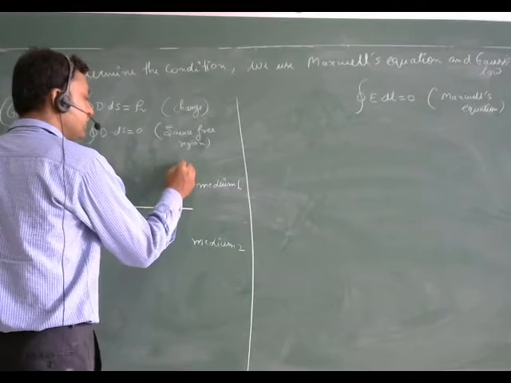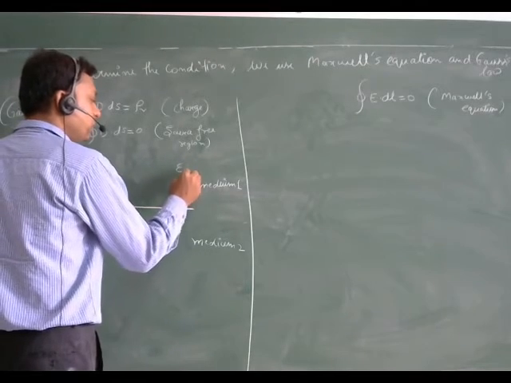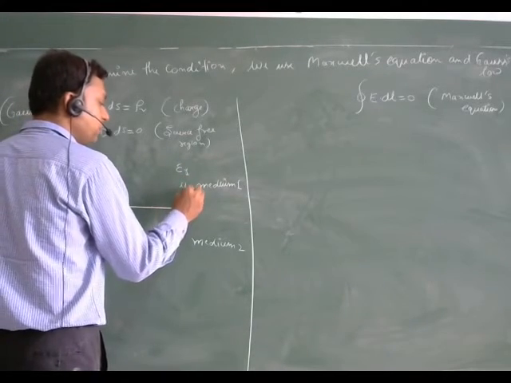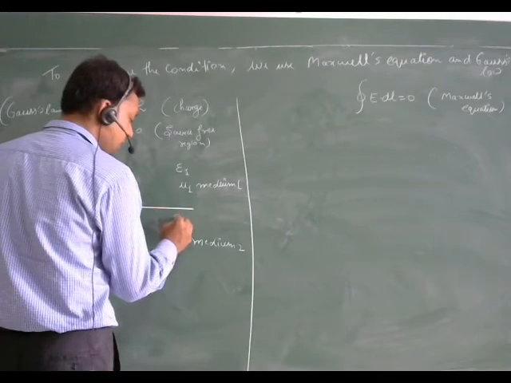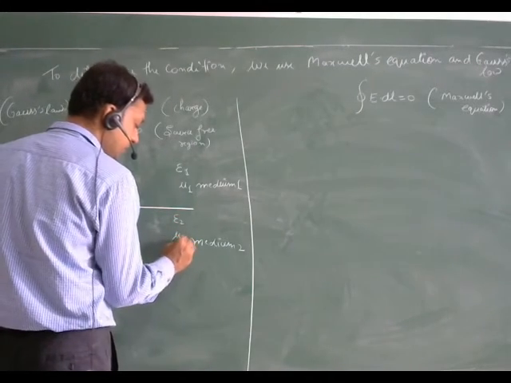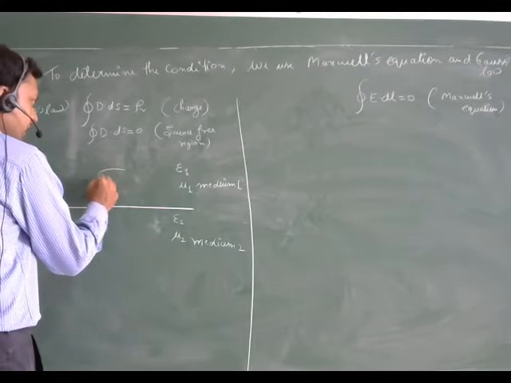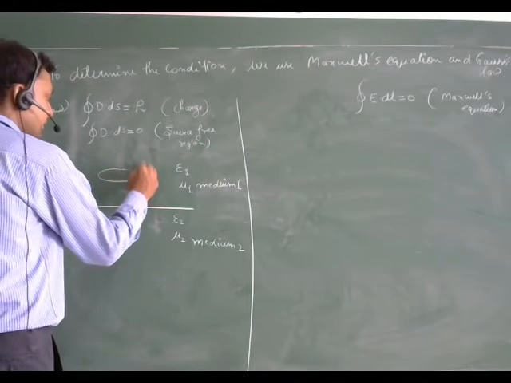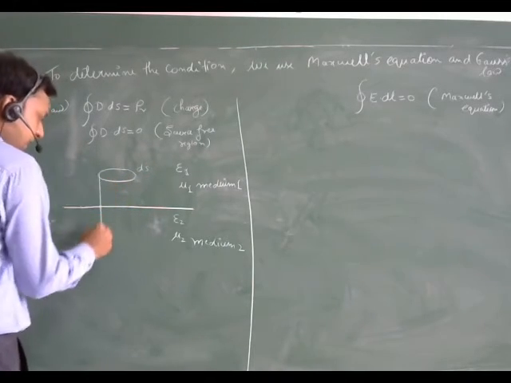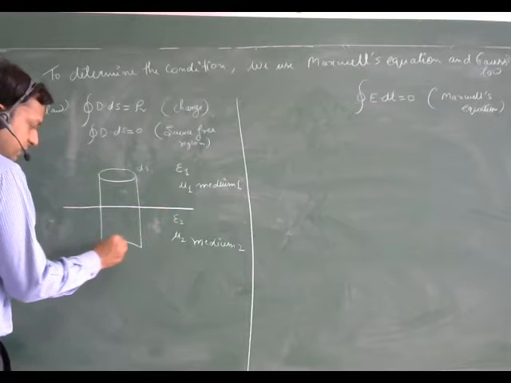This medium has permittivity epsilon 1 and permeability mu 1, and this has permittivity epsilon 2 and permeability mu 2. Now suppose we take a small area dS. This area extends into the other medium.